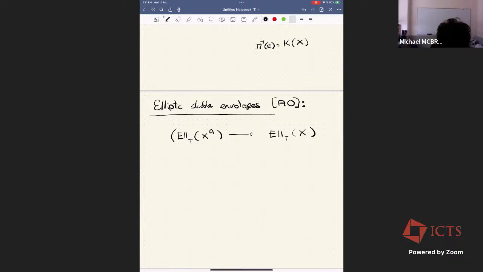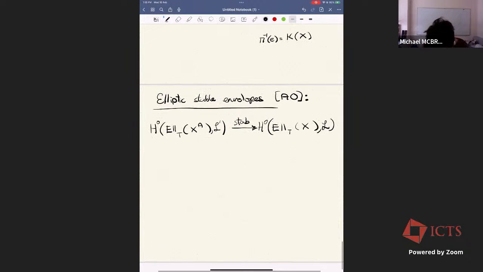So we're going to pick a certain line bundle here, and a certain line bundle here. And we're going to construct a kind of stable envelope map from sections on one to sections on the other.